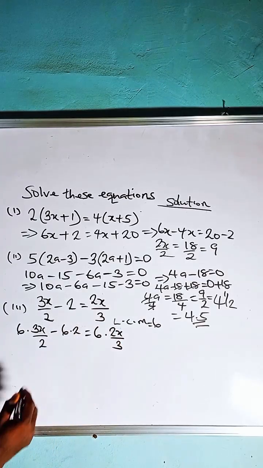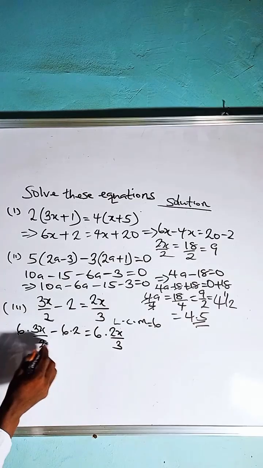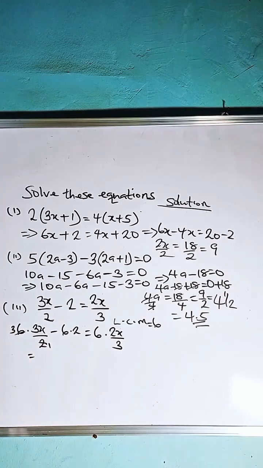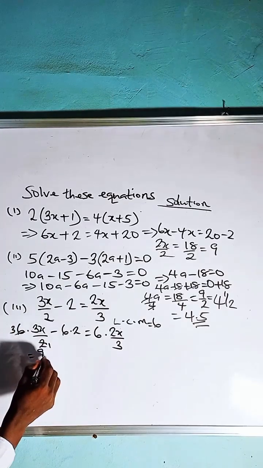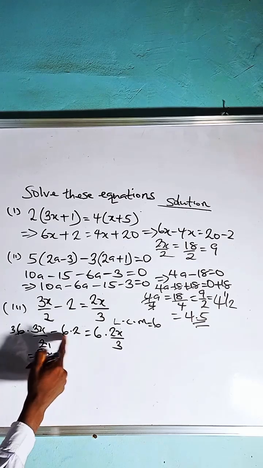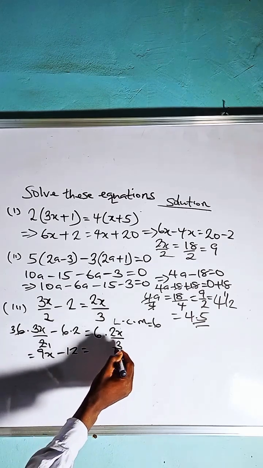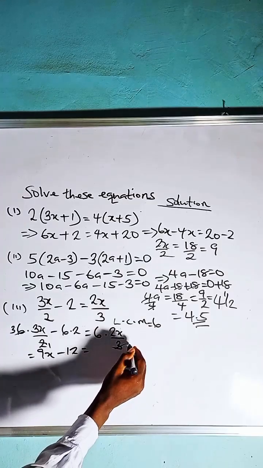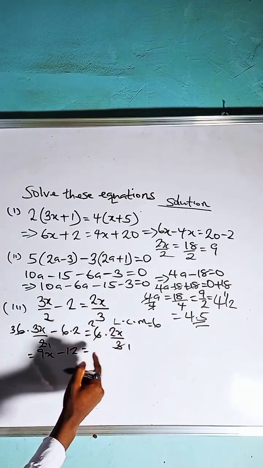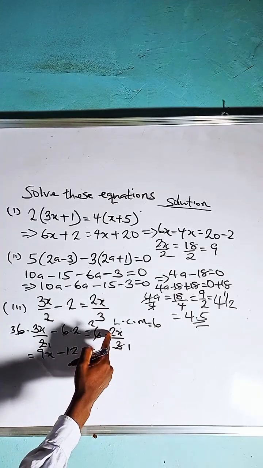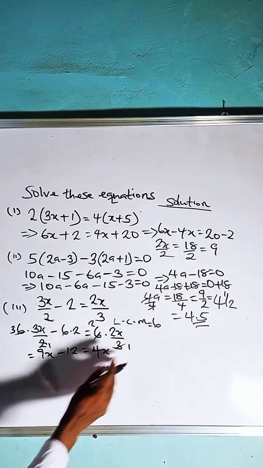Okay, so we simplify this: 2 goes into 6 three times, so 3 times 3x is 9x, minus 6 times 2, which is 12, equals. When we divide this, 3 goes into 6 twice, so we have 2 times 2x, that is 4x.